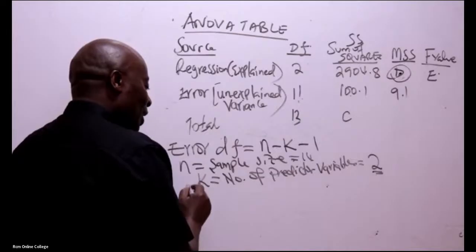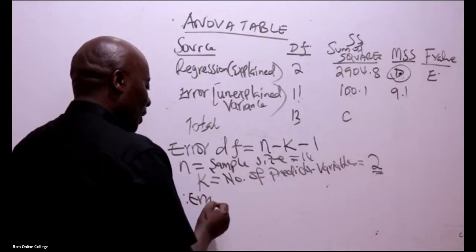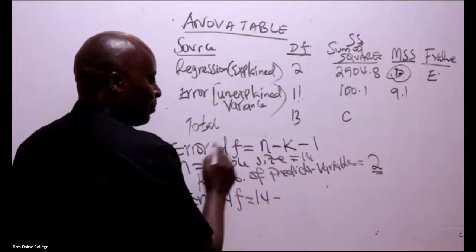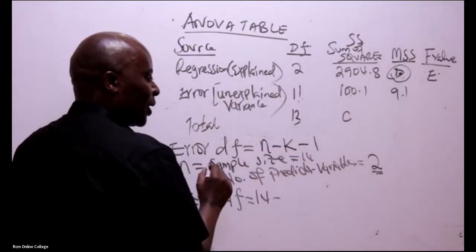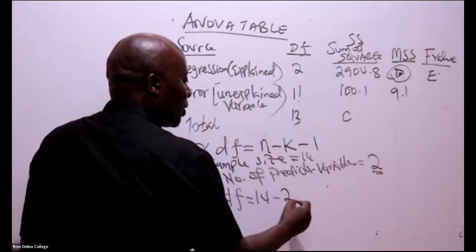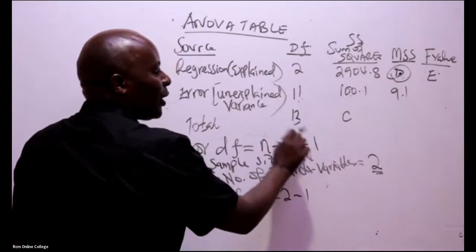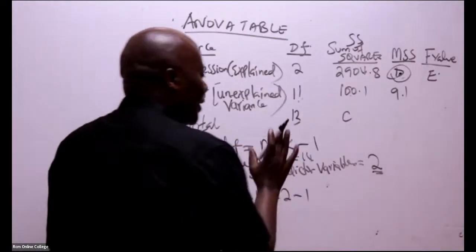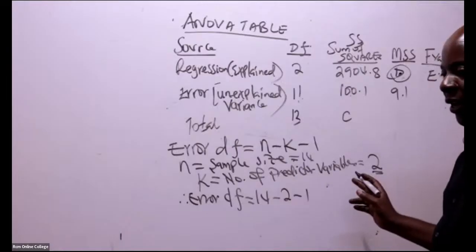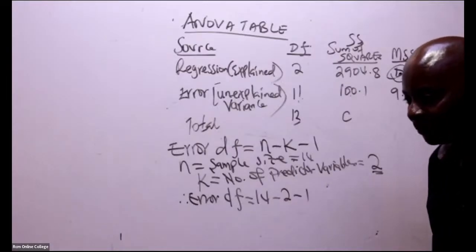So the error degrees of freedom here will be 14, the sample size, minus k, which is 2, minus 1. Don't ask me where that one is coming from. It's important to just cram it that way. So 14 minus 2 minus 1 will end up giving us what here?